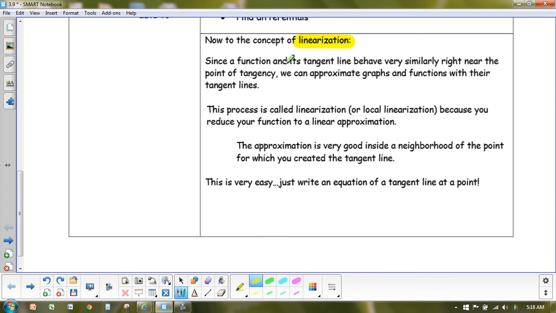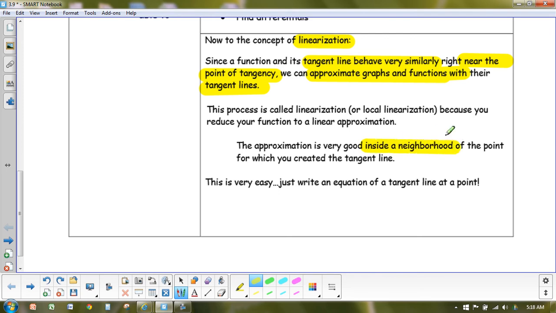So we're going to approximate the graph of whatever function we're dealing with, or the function itself, with its tangent line, as long as we're staying inside what we call a neighborhood, very close to the point that you made your tangent line with. So basically it's more tangent line practice, and then like we talked about last week, you can now talk about concavity and overestimates and underestimates.